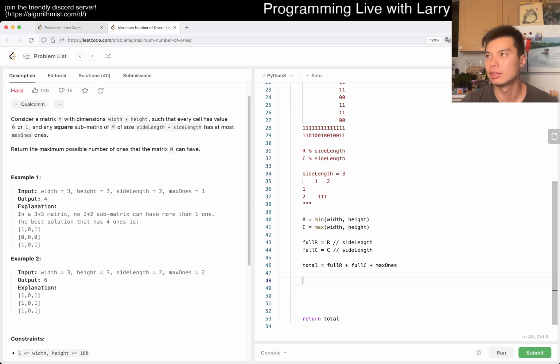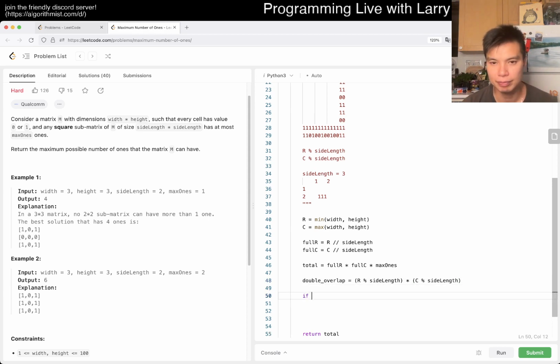How do I do this, actually? Well, basically, the double overlap is equal to R mod side length times C mod side length, right?